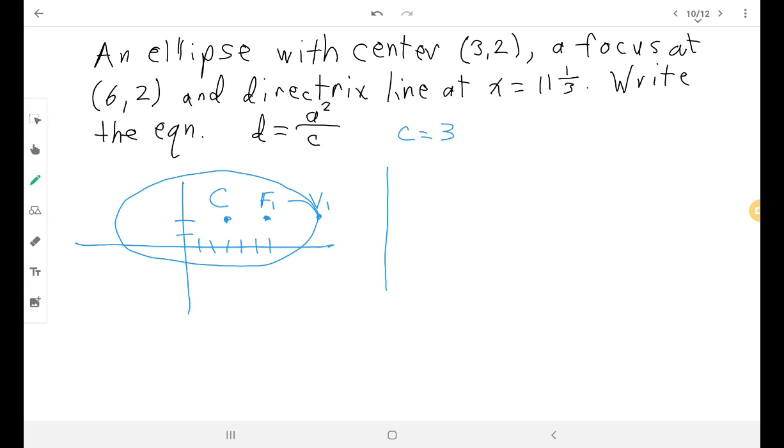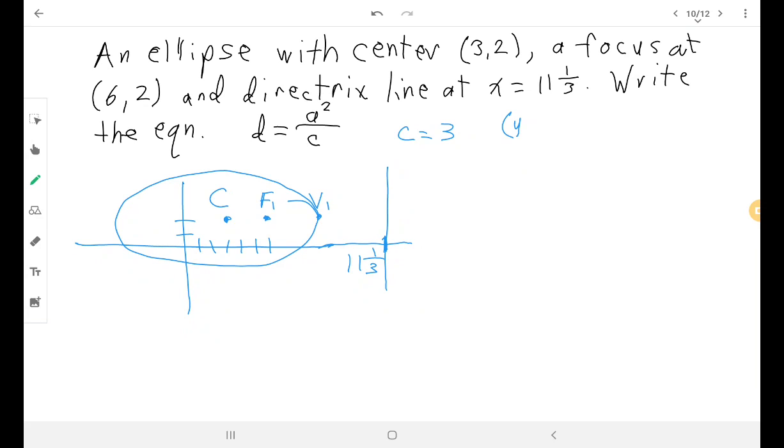We don't really know, but what we do know is that the directrix line is at an x value of 11 1/3. And we want to write the equation of the ellipse, right? So actually, we already have a lot of it.